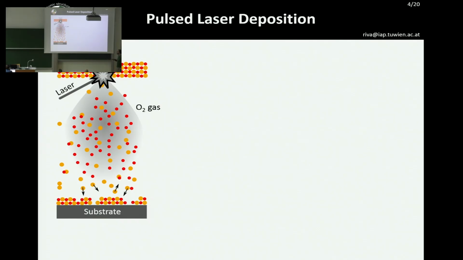So this sounds pretty simple to some extent, but it turns out that if you want to grow nice films, you really have to take care of a few steps in here. On the one hand, especially when you want to deal with complex materials with multiple components, the laser can remove one or the other atom more efficiently from your target, what is called incongruent ablation.